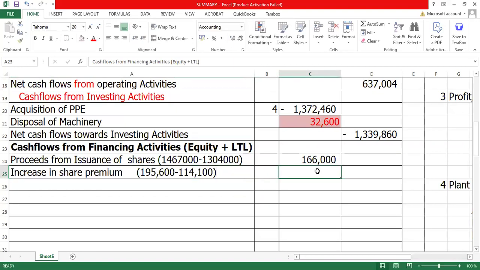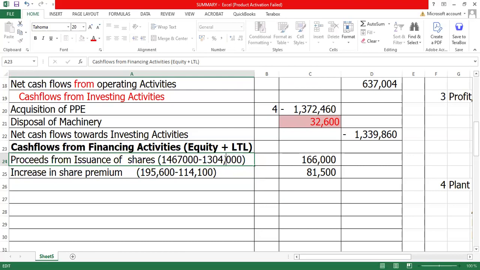How much do you get? Guys, put some speed, the way time is going. Are we together? For shares, I'm getting 163,000. You have 166,000. Okay, here I put 3, like this.